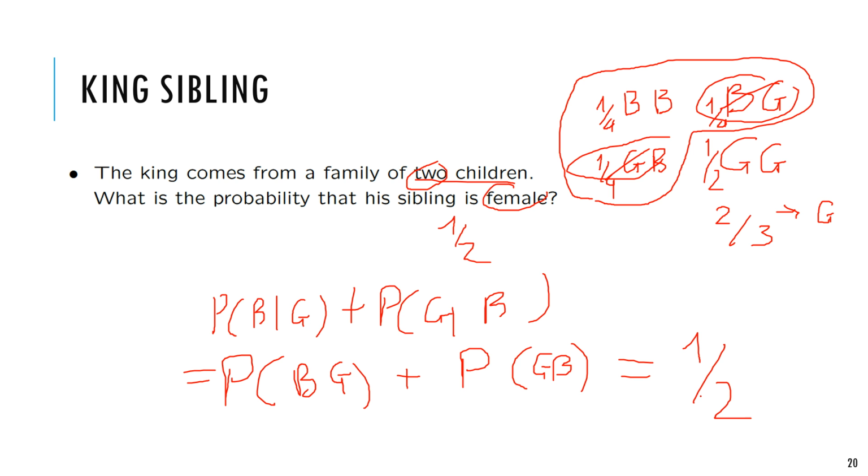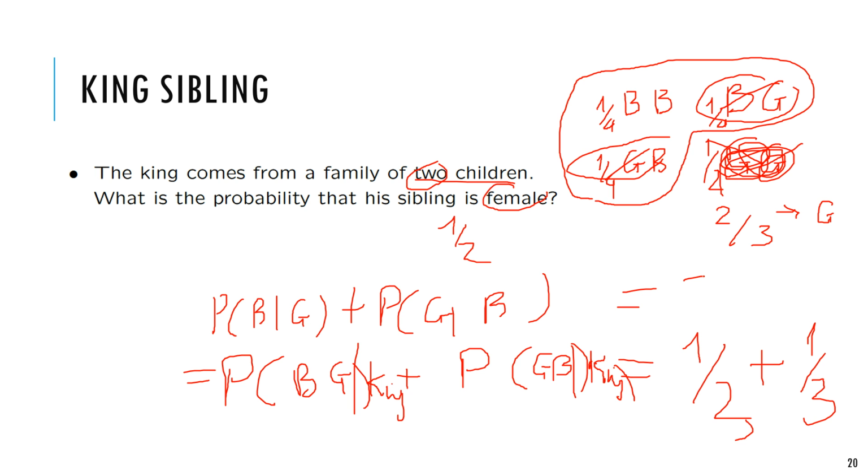But in this case, we know the condition that it is a King family. Since it is a King family, the girl-girl event will never happen. So it becomes 1/3 plus 1/3, and equals 2/3.